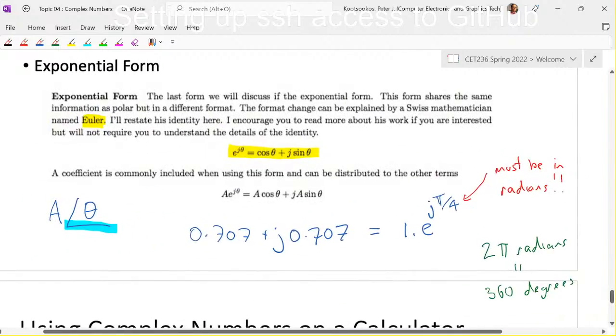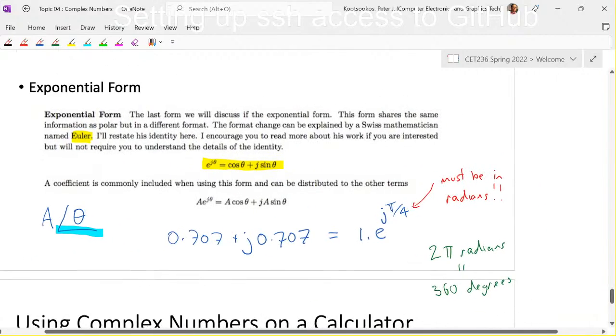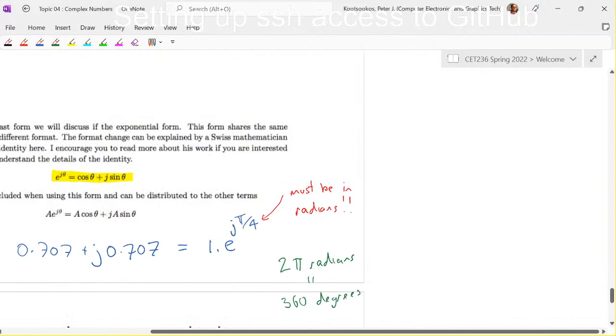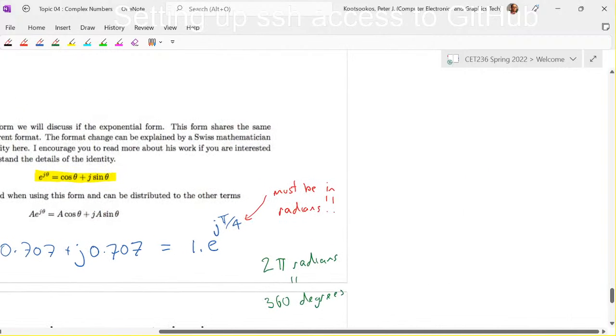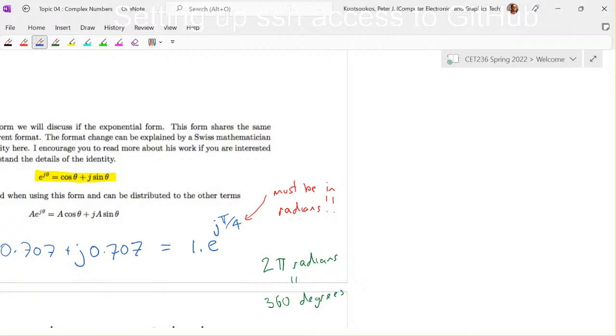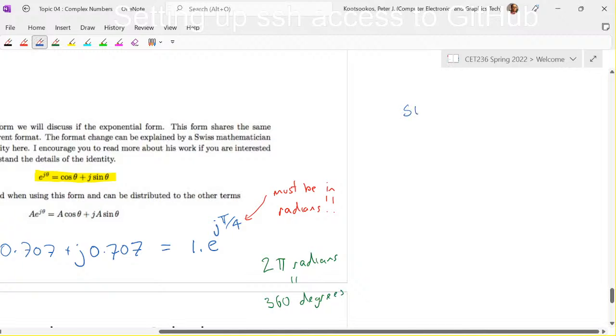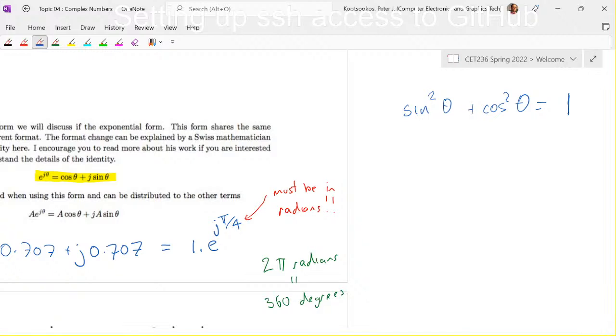But we can go the other way as well. I'm hoping that you remember some of your trig identities, and one of them is that sine squared theta plus cosine squared theta equals 1.